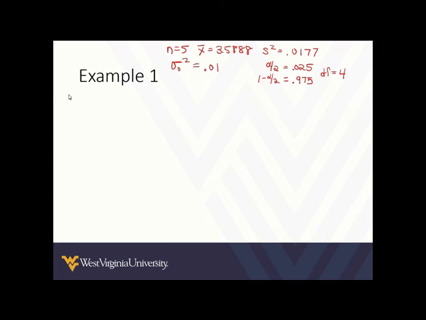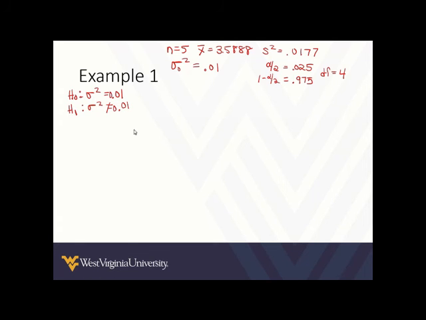So now we can write out our hypotheses. Our null hypothesis is H naught: sigma squared equal to 0.01. And our alternative hypothesis is that our population variance is not equal to 0.01.